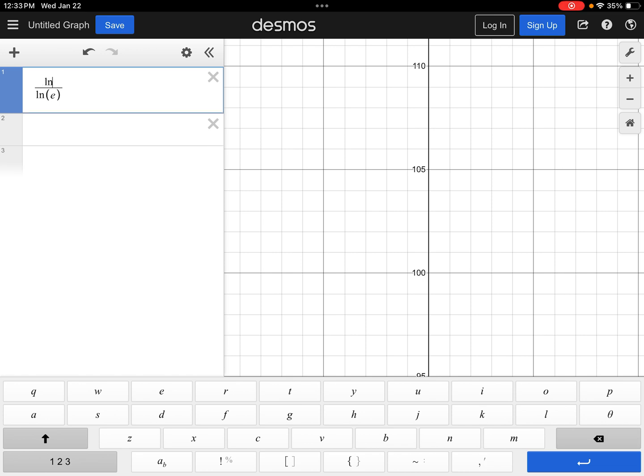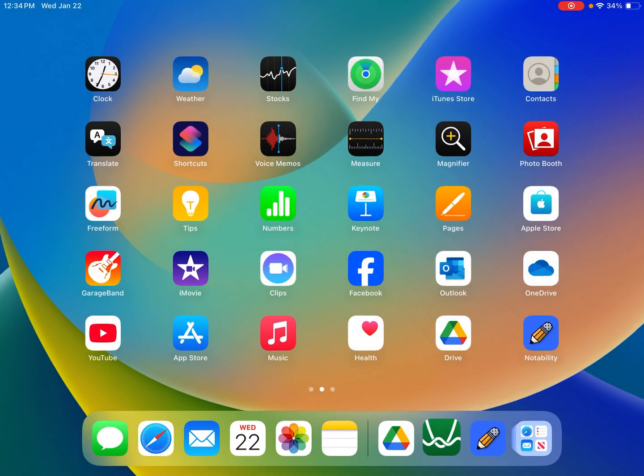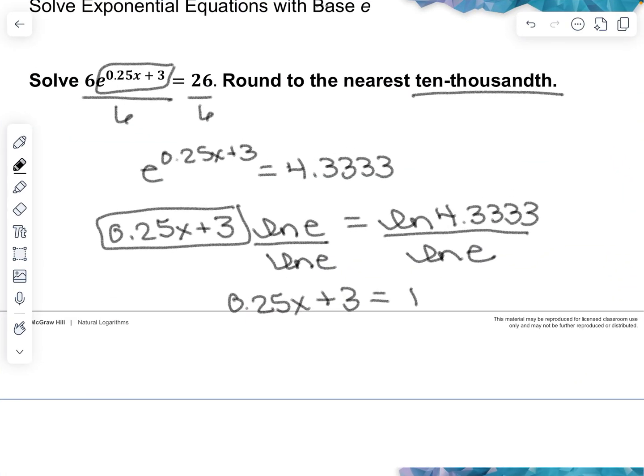Natural log of 4.3333 divided by the natural log of e. Nope. Missed a decimal. I knew that wasn't right. 4.333. There we go. 1.4663.